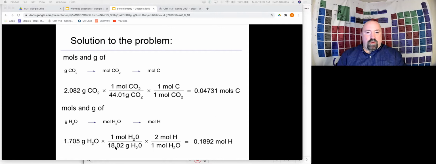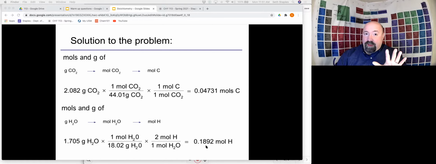We'll convert that over to moles of H2O using its molar mass. But we're trying to find the number of actual moles of hydrogen. So now we do have to take into account that there are 2 moles of hydrogen in every 1 mole of water, just from the chemical formula here. And so doing that tells us that we had to have had 0.1892 moles of hydrogen in our initial hydrocarbon.